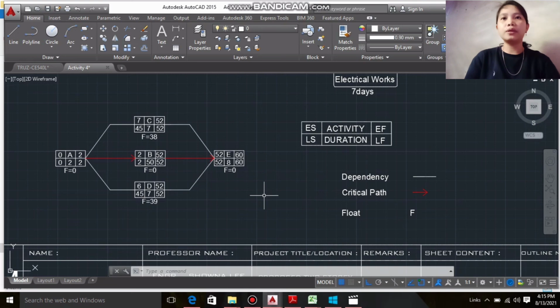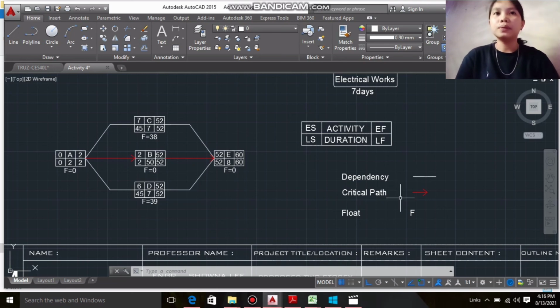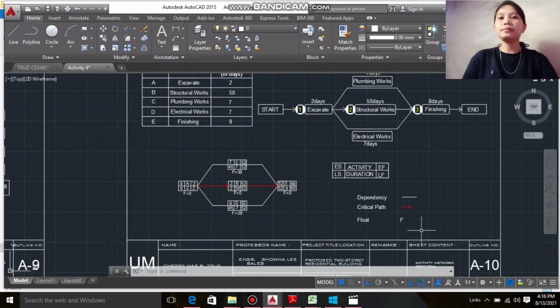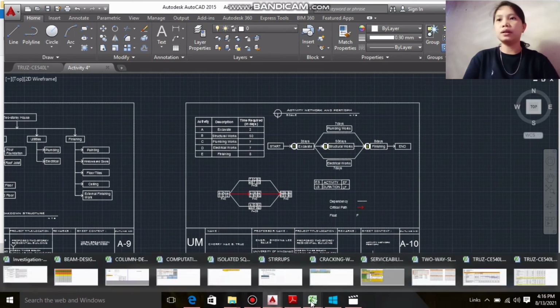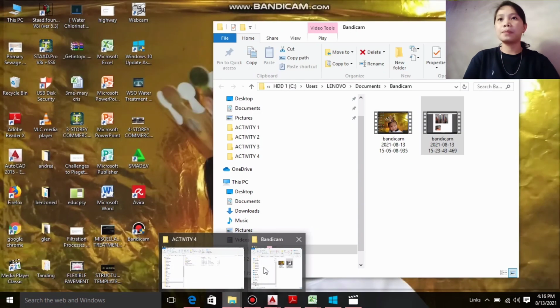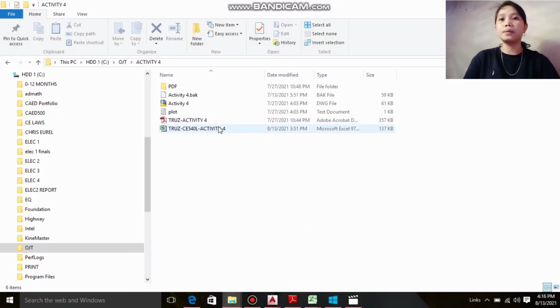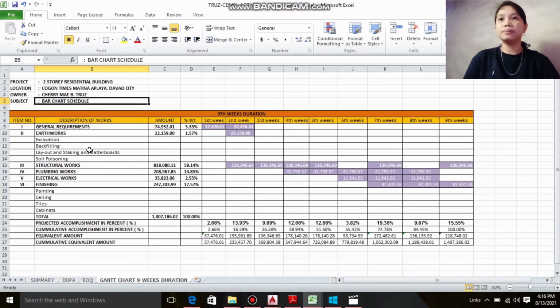For this, the line is dependence, and the critical path and the float is F. So this. And last is the bar chart schedule.